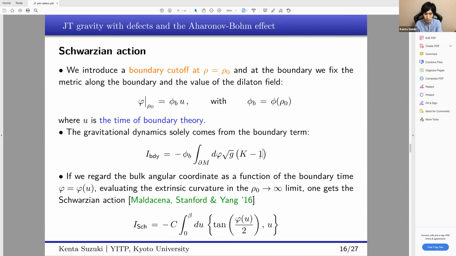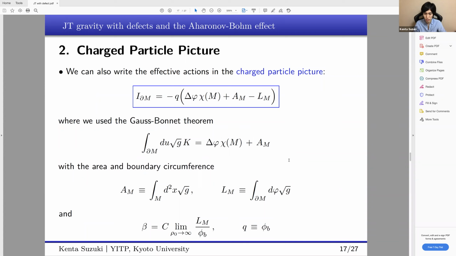So this -1 is basically just a counter term, which cancels some divergent contribution that comes from this extrinsic curvature when we take this rho naught to infinity limit. But anyway, this counter term -1 part simply becomes this length of the boundary circumference, which gives this Lm, and then the total boundary action is given by this expression.